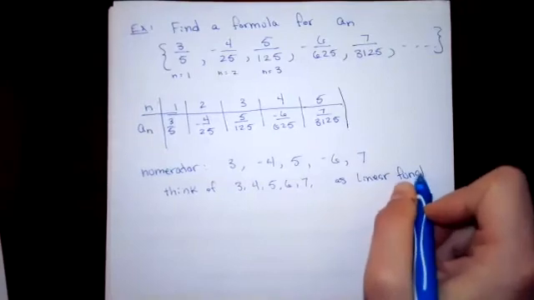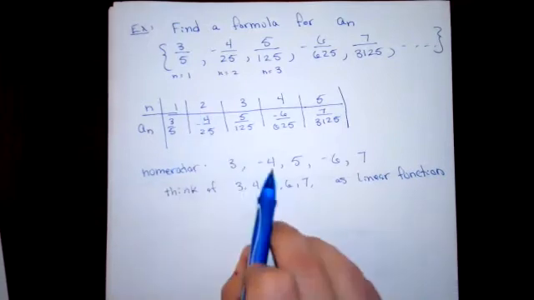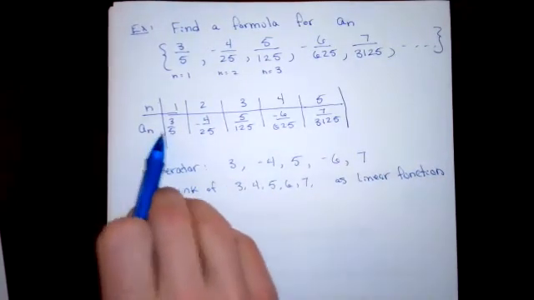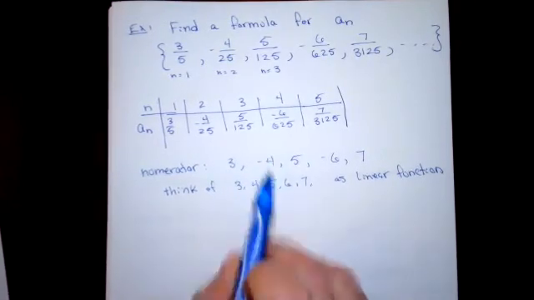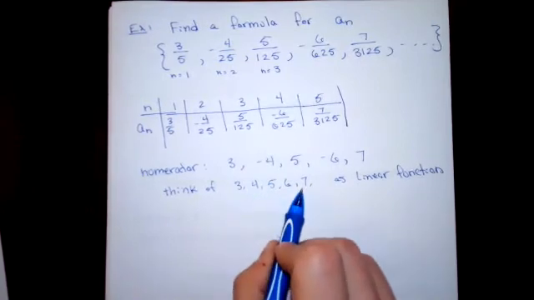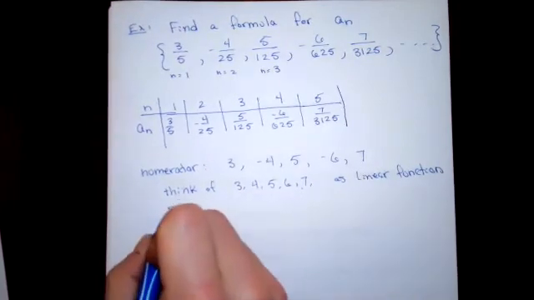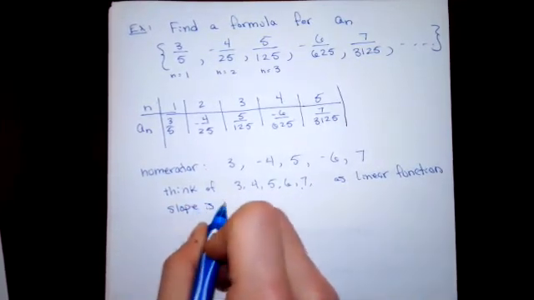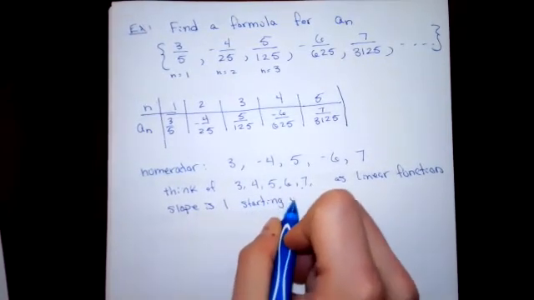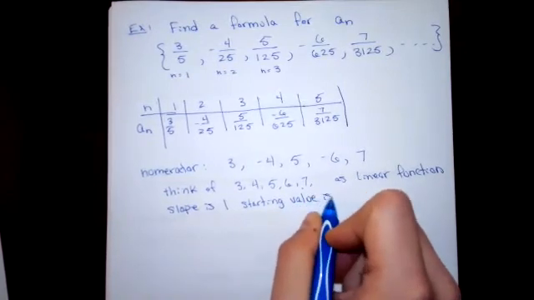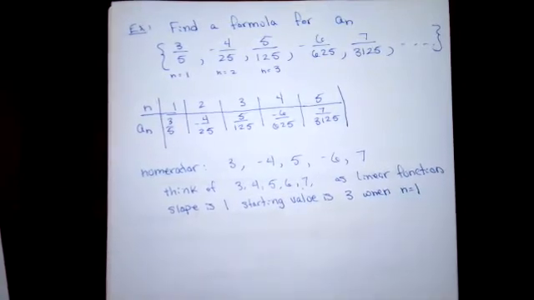So you can think of it as a linear function. And what is the slope? If I increase my integer by 1, the value, so think of my function values as my y values, the change in the y value is just 1 with a 1 change in the x. So the slope is 1, but my starting value is 3 when n equals 1.